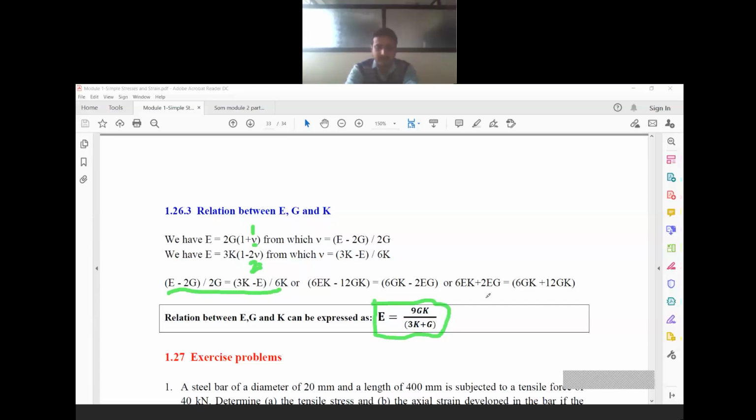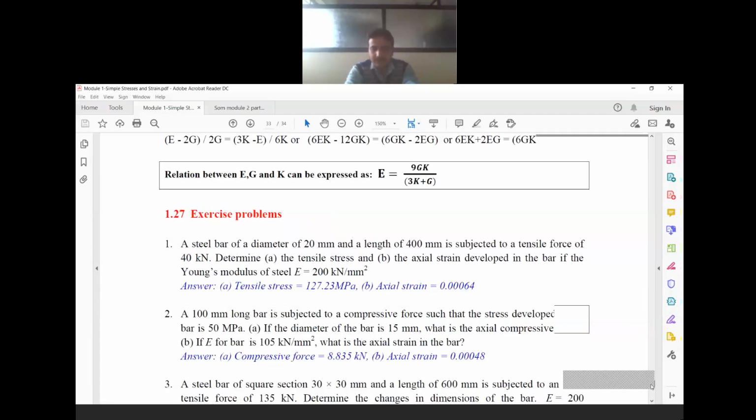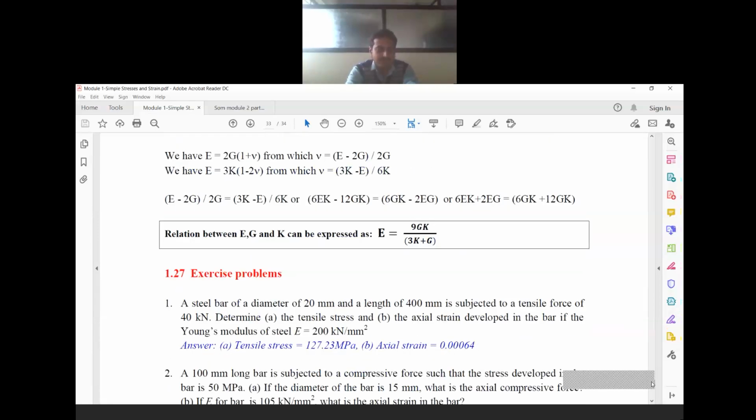Okay, this is the end of your module number 1. So in module number 1, we have learnt about all the elastic constants. We have learnt about the concepts of stresses and strain, principal stresses, normal stresses, and all. We have also learnt about shear stresses. We have also learnt about temperature stresses.